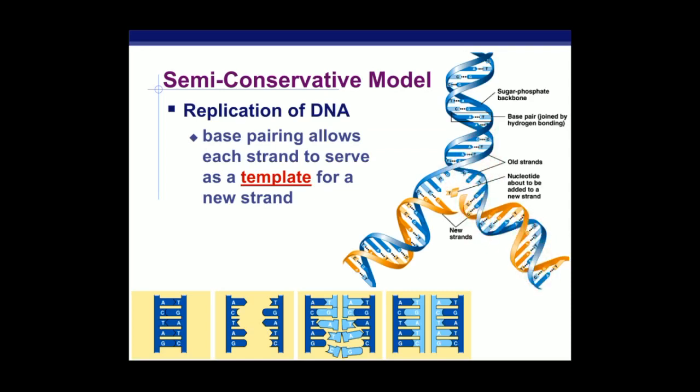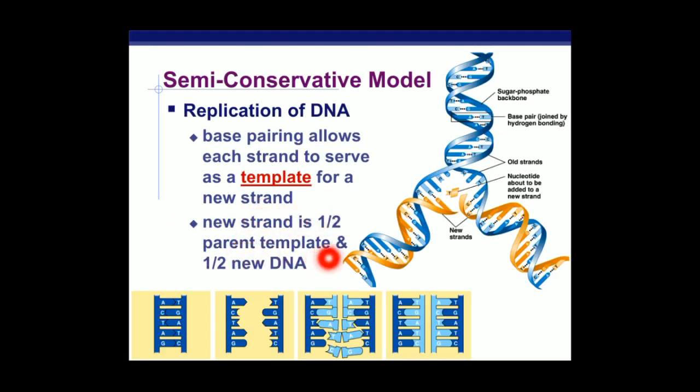We will discuss that further. And here you can see the new strands being formed. By this method two DNAs are formed, in which one strand is parental DNA and another strand is newly formed. This is the idea for the semi-conservative model, right? As I have already mentioned, a new DNA is half parent template and half new DNA. This is the idea here, guys.